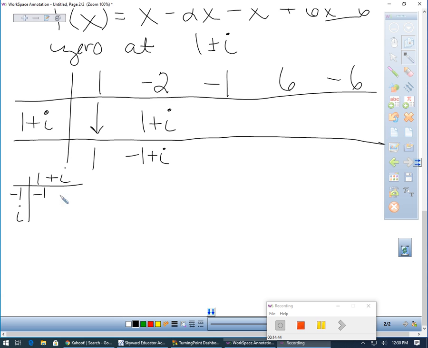Negative 1 times i is negative i. 1 times i is positive i. i times i is i squared, which is negative 1. So in this box, what do we end up with? Negative 2. Add these together. We get negative 3. All right, now we got to multiply. 1 plus i times negative 3 is negative 3 minus 3i.